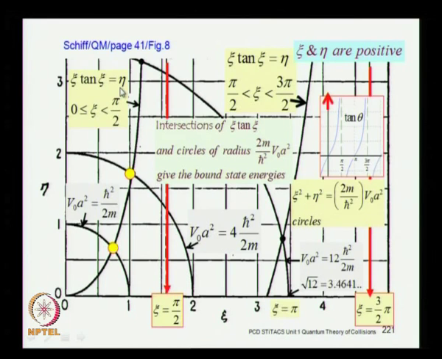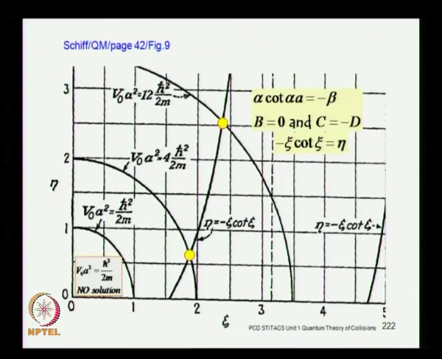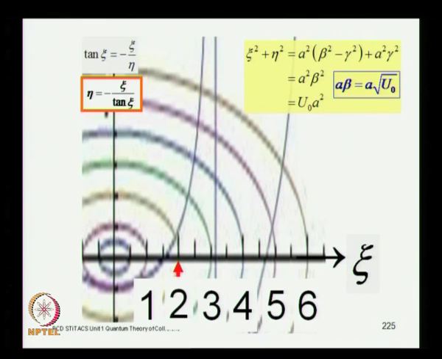This was the relation for a one dimensional square well. Now, it is not xi tan xi equal to eta, it is eta tan xi equal to minus xi, or eta is equal to minus xi over tan xi. So, that is the relation.